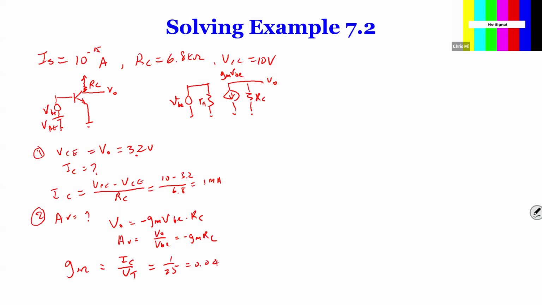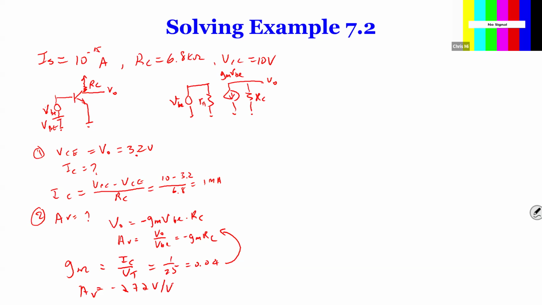And we're plugging this back into this equation over here. So we get AV equal to minus 0.04 times RC 6.8. That gives you minus 272 volt per volt. That's a pretty big gain.